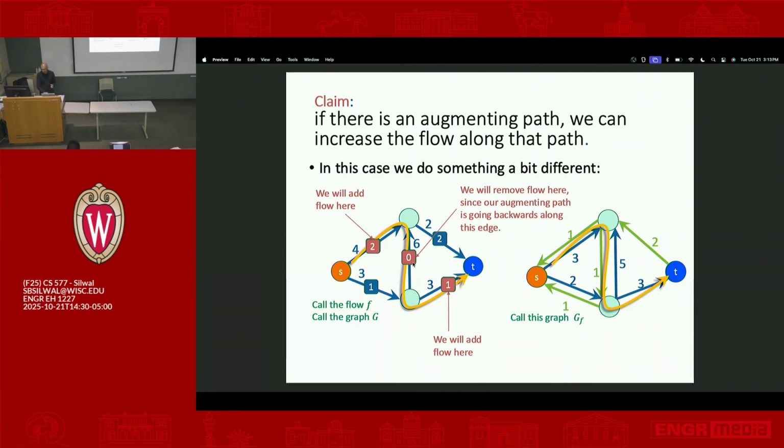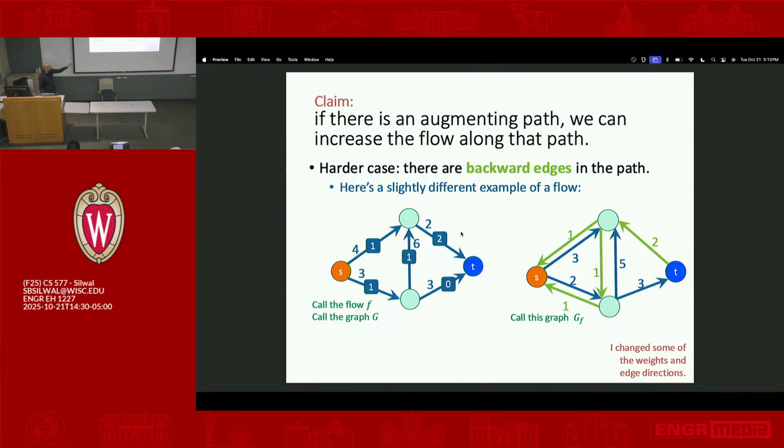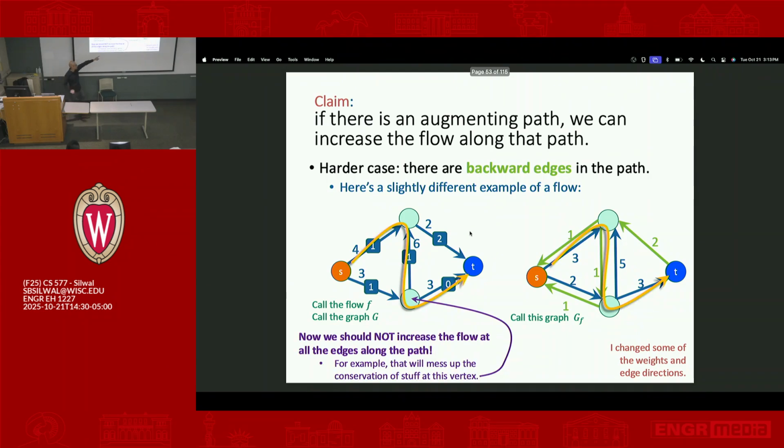Okay, so let's see the example one more time. I started with this flow. Maybe it's optimal, maybe it's not. I want to make it better. The next thing I do, like I said, the Ford-Fulkerson algorithm finds a path from S to T in this graph, G sub f. Oh no, it's taking a green edge.